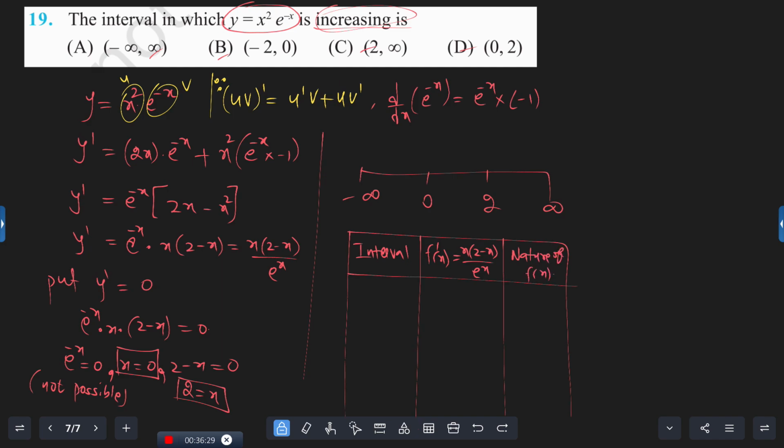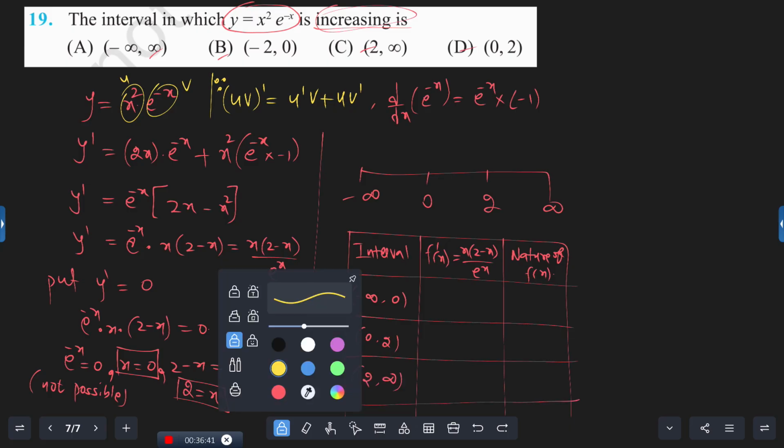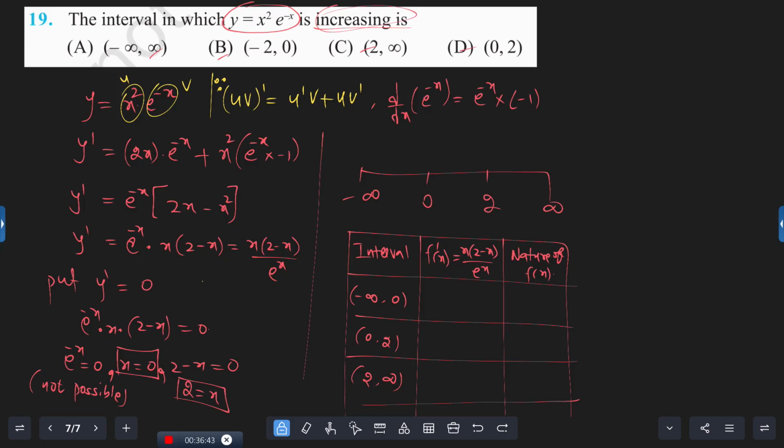Listen. Now one by one we will go: minus infinity to 0, then 0 to 2, then 2 to infinity. It is very easy to remove a few options. We have 3 intervals. Option A is not surely, because minus infinity to plus infinity would need increasing in all places.